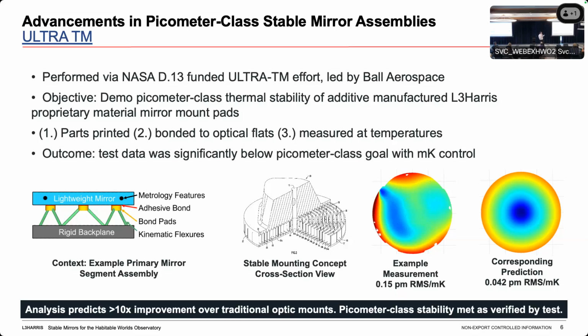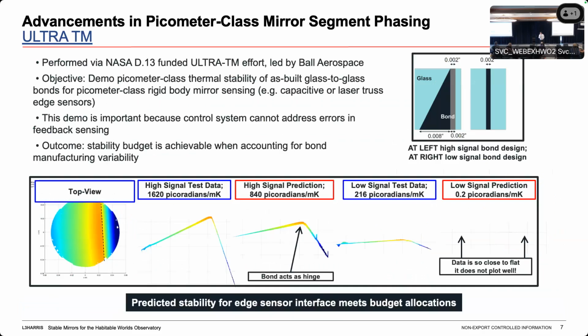But we've actually built these things, integrated them to mirrors, and tested them in relevant environments in thermal vacuum. And we've got results like this. You can see these optical results with sensitivities well below 1 picometer per millikelvin. So we're starting to get very relevant results and advance the TRLs of these technologies.